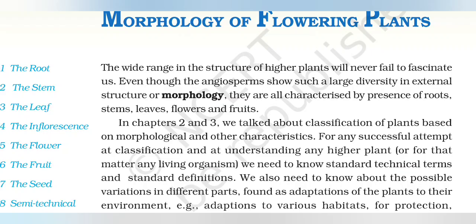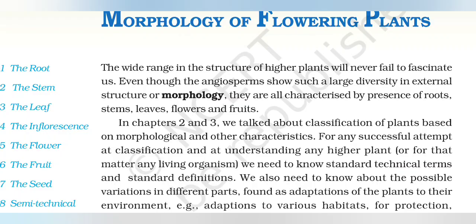In chapters 2 and 3, we talked about classification of plants based on morphological and other characteristics. For any successful attempt at classification and at understanding any higher plant, or for that matter any organism, we need to know standard technical terms and standard definitions.